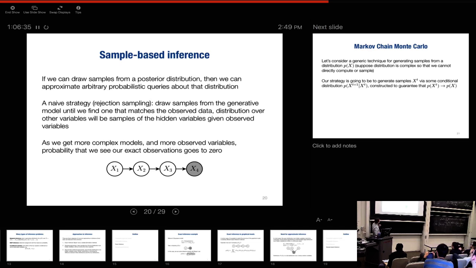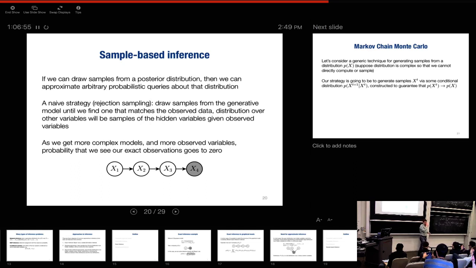And so this leads us to a domain called, well, actually before I mention that, I'll first mention one really naive way of doing this, which is something called rejection sampling. We know how to generate samples from the whole thing where all the variables here are white variables. We talked about that as our generative model for this chain.